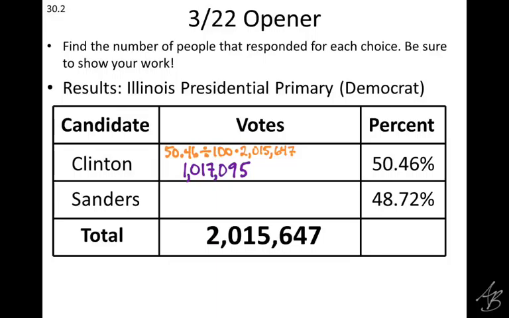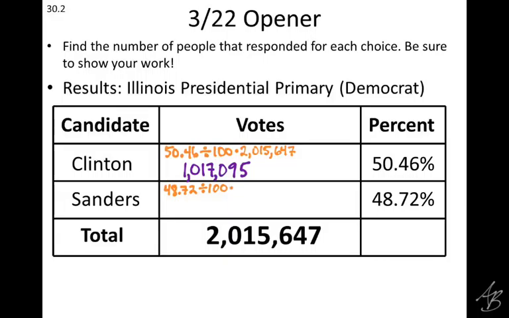How about for Sanders? Somebody else help me out with that one. All right, so 48.72. What we're trying to figure out is what is 48.72% of those 2 million voters. So 48.72 divided by 100, because it's 48.72 out of 100.